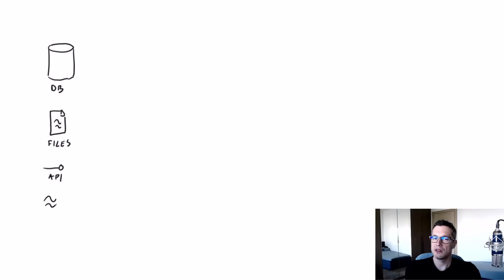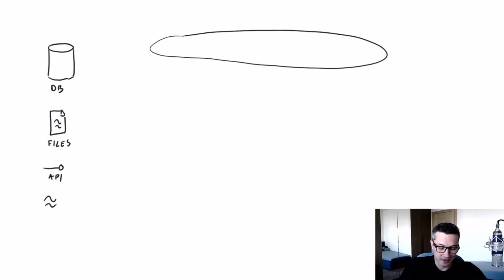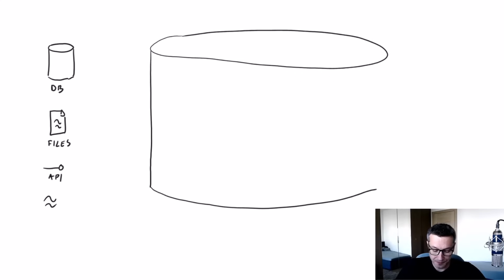We dump it in the form that mimics the data that was originally available. And to make it work, we usually use a data lake. So let me draw this huge data lake here. So this is a data lake.